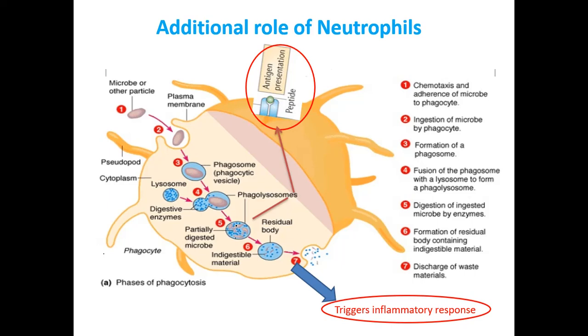So neutrophils can play a positive as well as a negative role at the same time. The positive role is phagocytosing the microbe. The negative role is to trigger the inflammatory response and thus damage the body's own tissues.